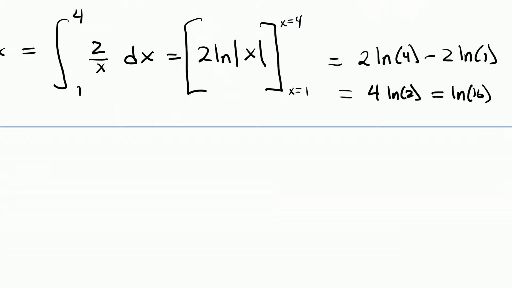Or I could have taken the 4 as 2 squared and pulled the exponent out. They're all the same thing. But if you're cool, you'll pick one of those. Probably 4 natural log of 2 is cooler than natural log of 16, but any one of those works.